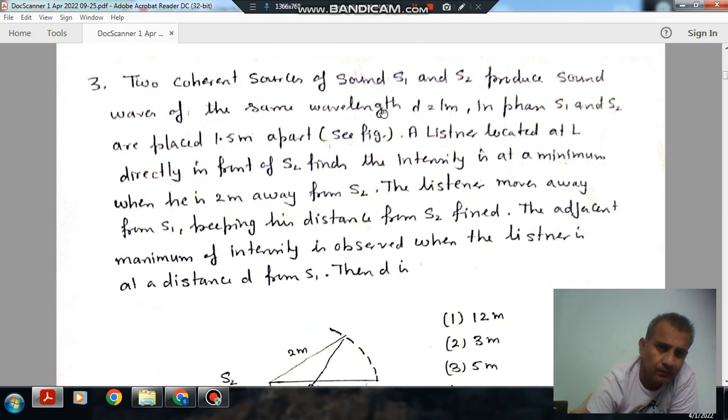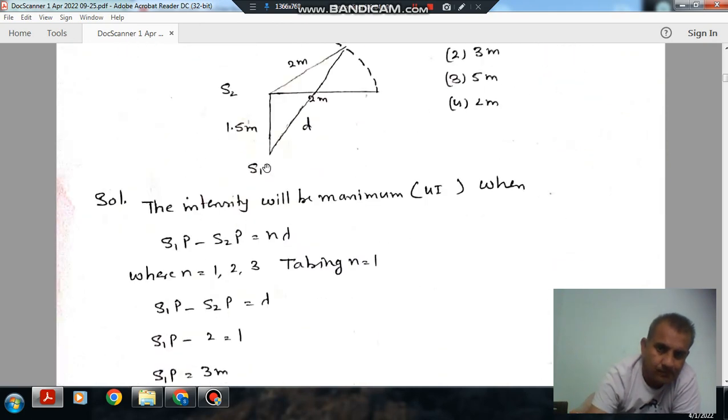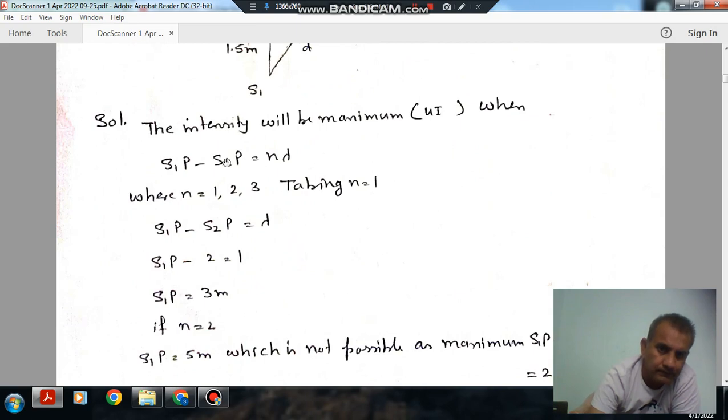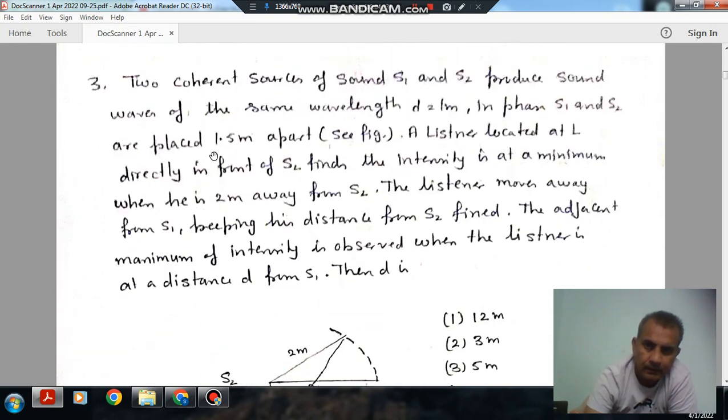Next, two coherent sources of sound S1 and S2 produce sound waves of the same wavelength, lambda equal to 1 meter, in phase. S1 and S2 are placed 1.5 meter apart. See figure.